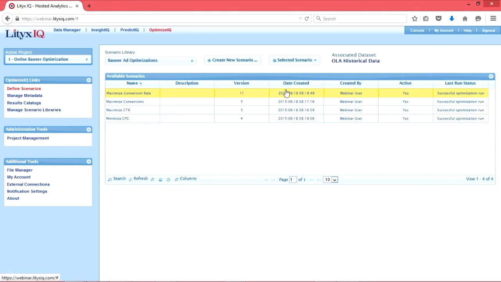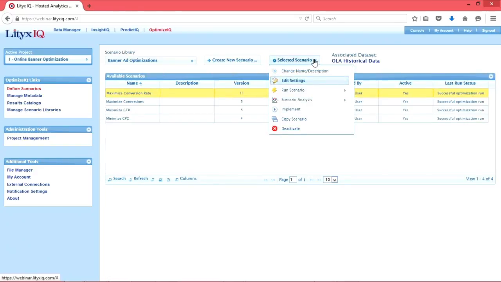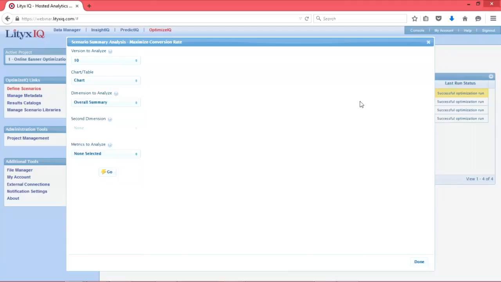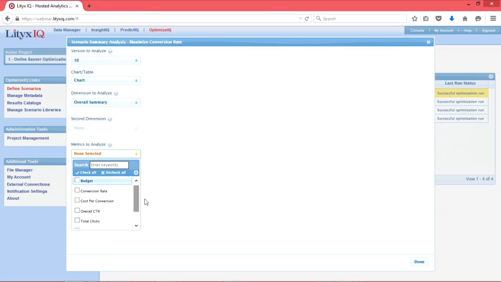But let me go ahead and show you some of the analysis that we might do on the back end. So, we've run these scenarios, we've attempted to maximize conversion rate or get a media plan that maximizes click-through rate. So obviously the next thing we'd want to do is take a look at some of the results. If I focus again on our maximized conversion rate scenario, we may ask some simple questions, like let's get an overall summary of a variety of our metrics here.